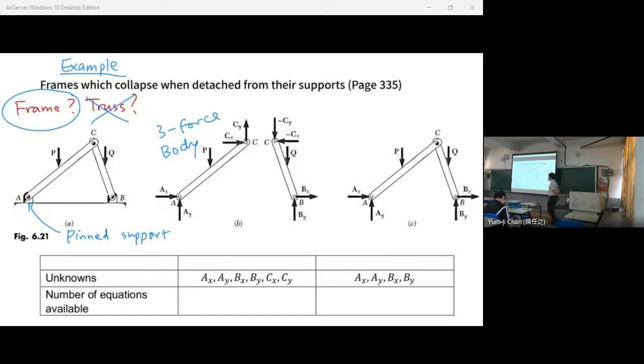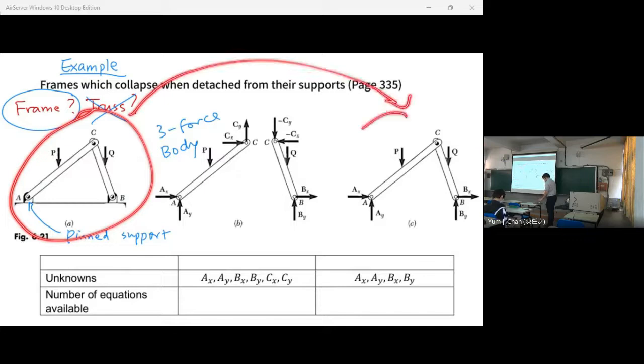So can you get this? In trusses we have only two force bodies, but if we have three or more forces, then we have frames. Now, to analyze and draw the free body diagram, the first step you may draw is something like this, right?